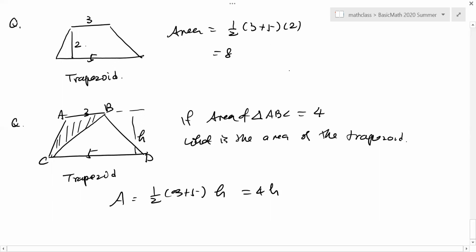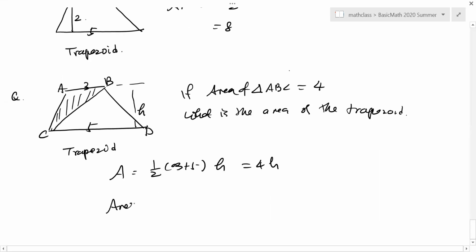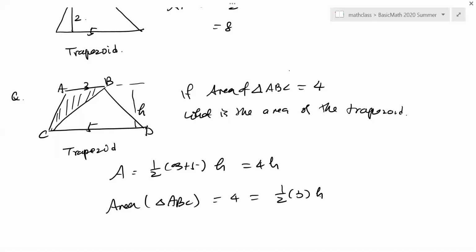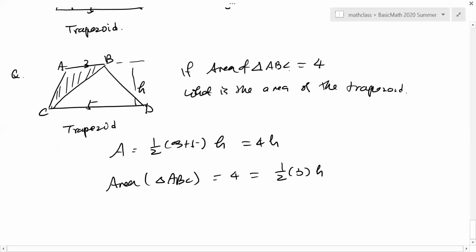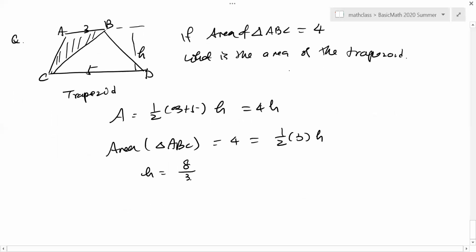Well, you haven't used the condition: area of the triangle ABC equals 4. So using that, let's write the area of the triangle ABC, which is going to be 4. But you can calculate the area using the formula, base times height. The base is 3, the height is H. So now you end up with H equals 8 over 3.